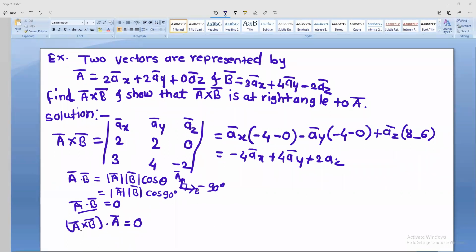So a bar cross b bar dot a bar must be 0, then and only then is the angle between these two vectors 90 degrees. Okay, now what is this a bar cross b bar? This value, right?